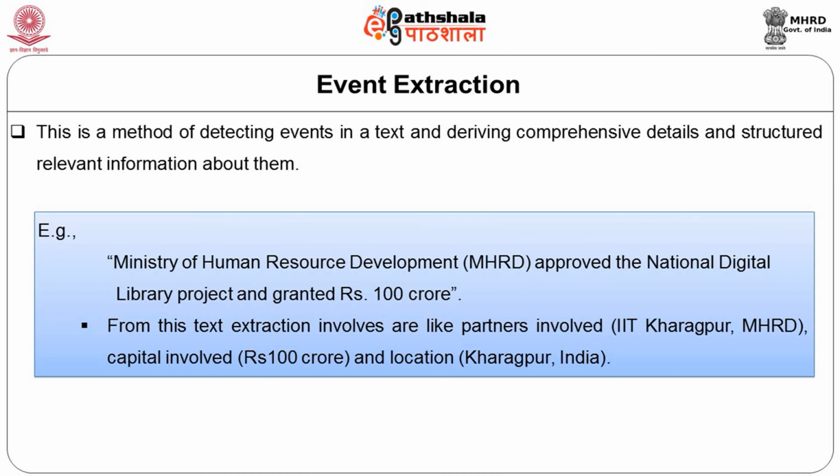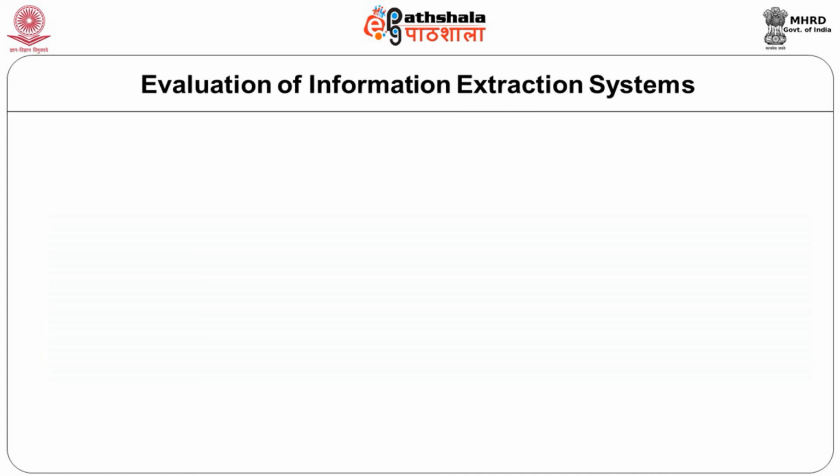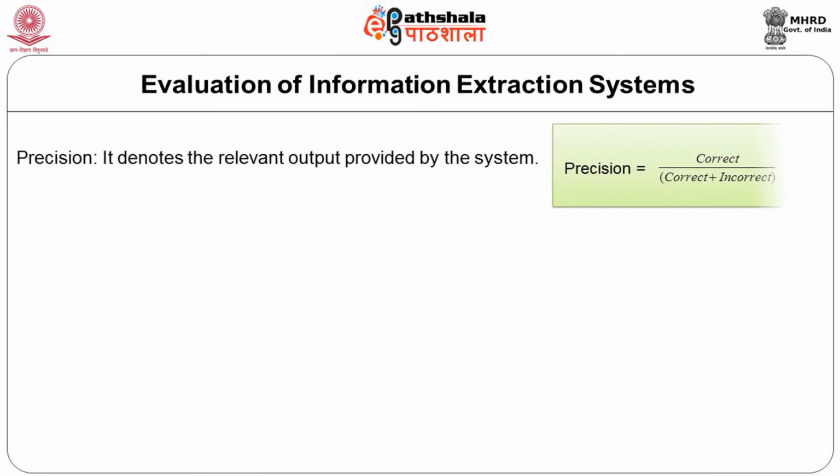So, evaluation of information extraction systems: again the measures are the standard IR measures, precision and recall. Precision denotes the relevant output provided by the system, which is taken by the user as being precise, that is, correct divided by correct plus incorrect.